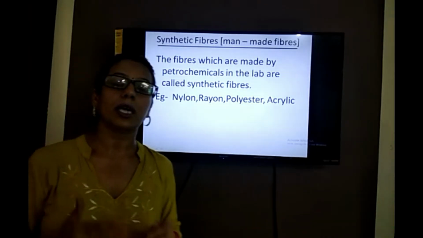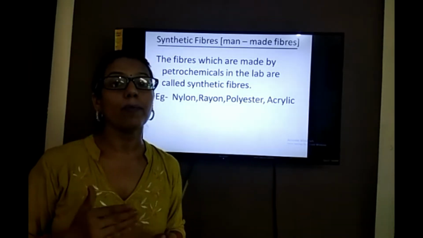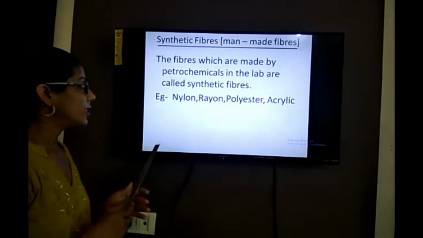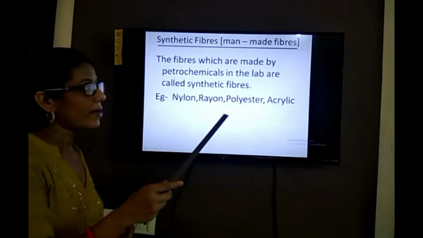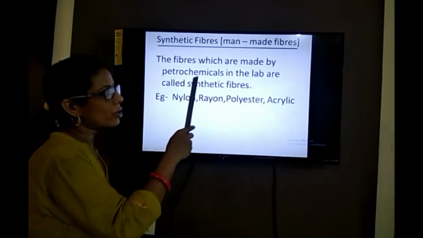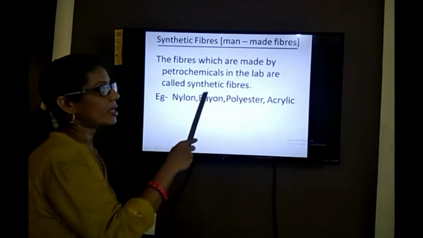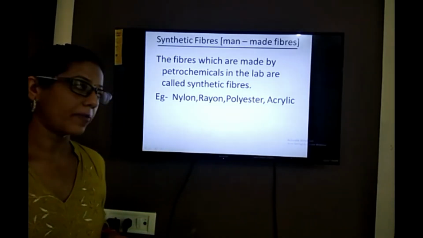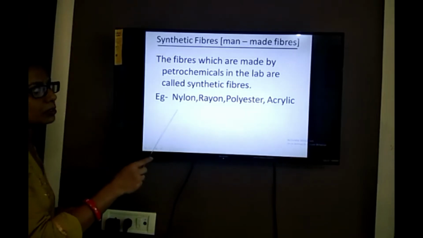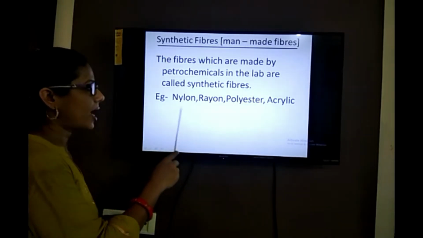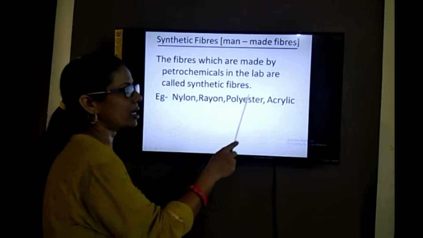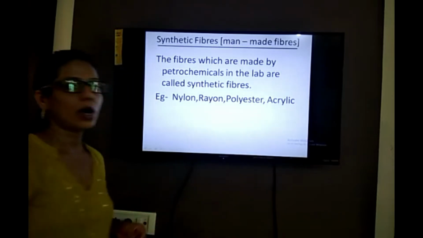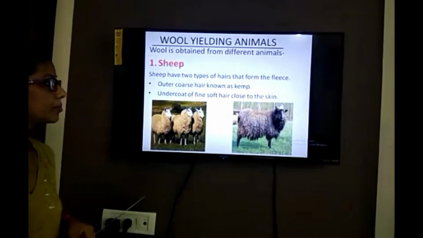Petrochemicals means the chemicals which are obtained from petrol. That's why these are known as synthetic or man-made fibers. Some examples of synthetic fibers are nylon, rayon, polyester and acrylic. Now we move to the next slide.